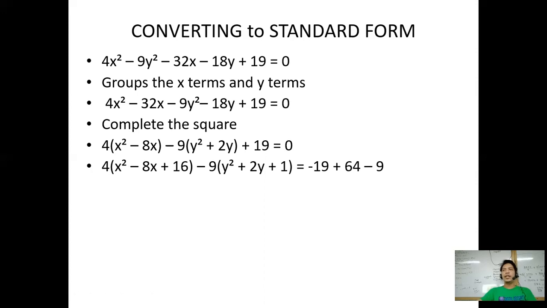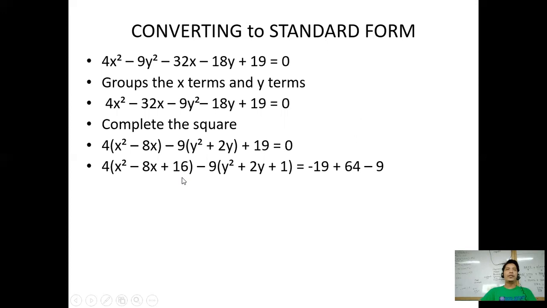Sabi nga, kung ano yung ginawa natin sa left side ng equation, dapat ganun din yung gagawin natin sa right side ng equation. So next, positive 1 naman dito. Saka negative 9. Negative 9 multiply by positive 1 is negative 9. So hindi po natin transpose, ha. Ang ginawa natin, kung ano yung nakuha natin value nito, idinagdag din natin sa kabila para manatiling equal yung ating equation. Okay, so next, i-factor natin to. X squared minus 8x plus 16. Ano yung tinimes ko ng dalawang beses kung bakit nakuha ko tong sagot na to?